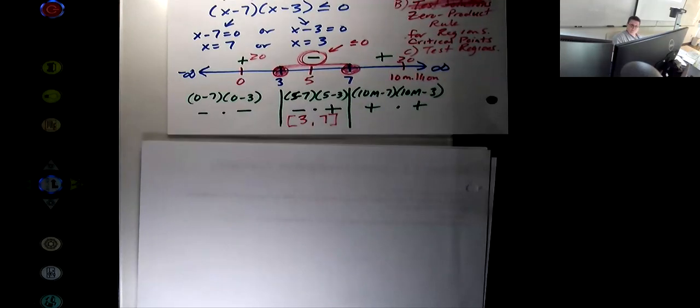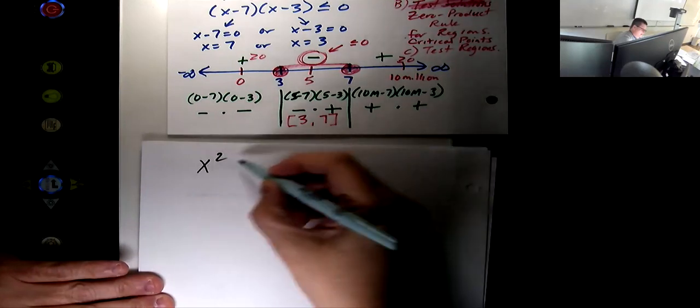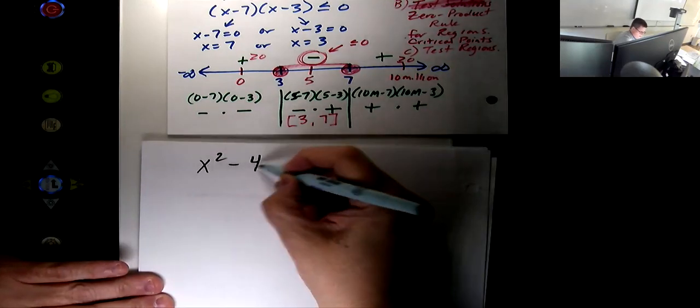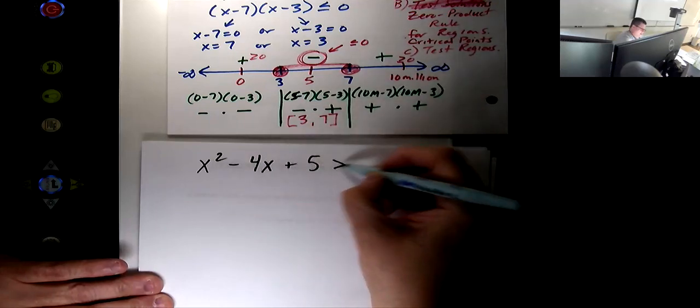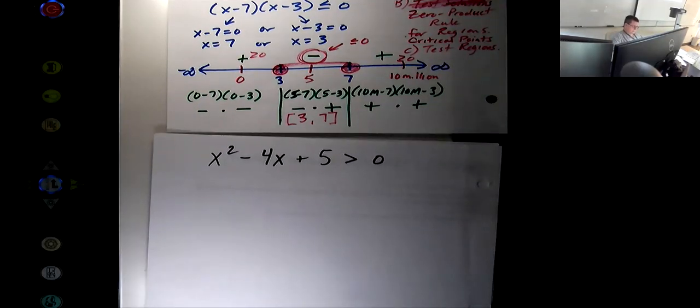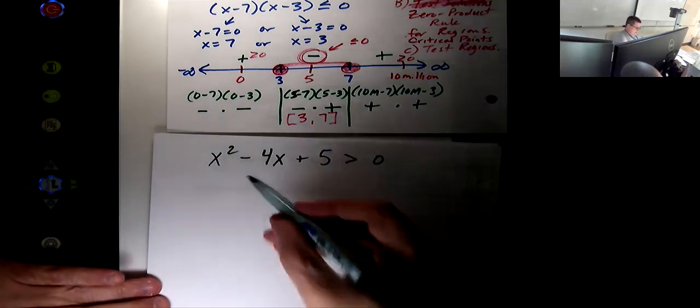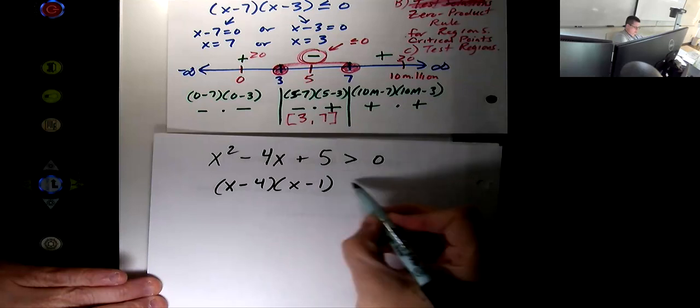Let's do another one. If I factor this, it is x minus 4 times x minus 1 is greater than 0.